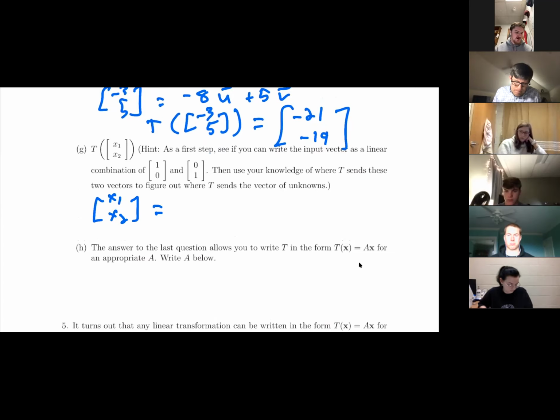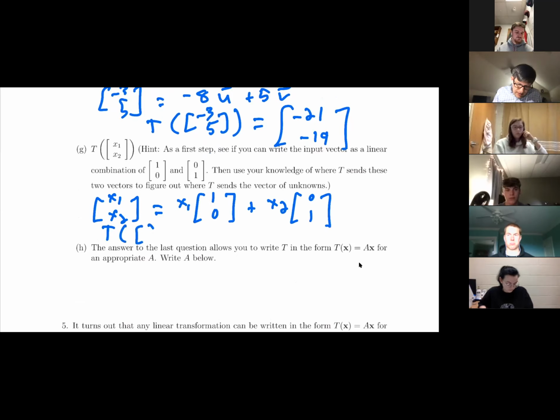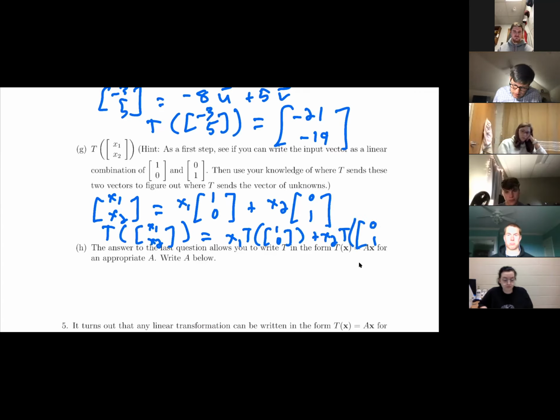Well, first we did x1 times 1, 0 plus x2 times 0, 1, and then we made it x1 times the 2, 3 vector plus x2 times the -3, -2 vector. Good. So when you did x1, x2, you sort of break it apart that way using the properties.